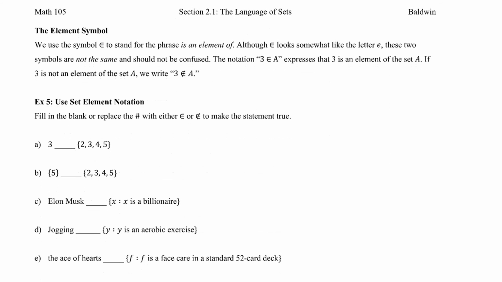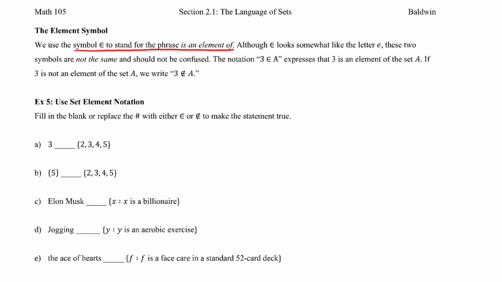When we are looking at using mathematical notation to indicate if something is an element or a member of a set, we have a symbol that looks like an E. And so that represents the phrase is an element of.